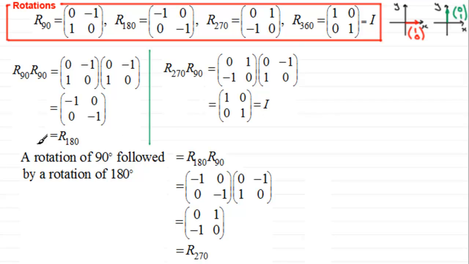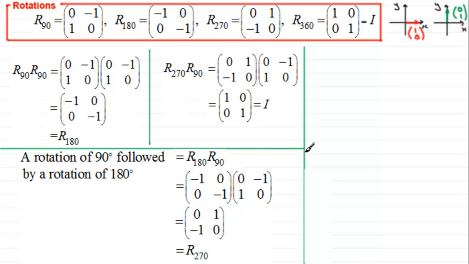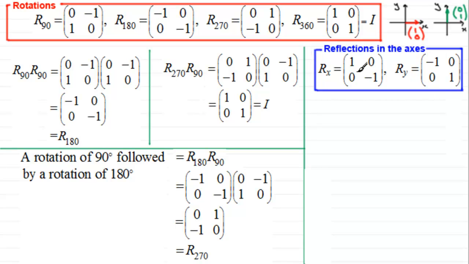Now, what I'd like to do is just carry on with another type of question. We've been looking at rotations, but what about if we now start to look at reflections? So if we look at reflections, we should be familiar with these two matrices.